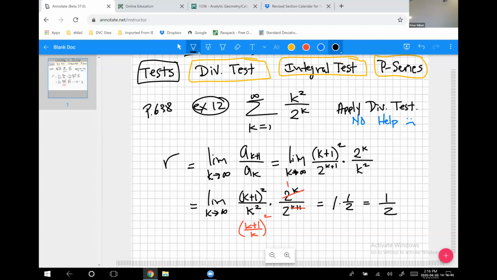Well, in the ratio test, once you get that R value, if it's less than 1, you get convergent. So since this is less than 1, then we can say it converges by the ratio test, giving confirmation to Jack's intuition.